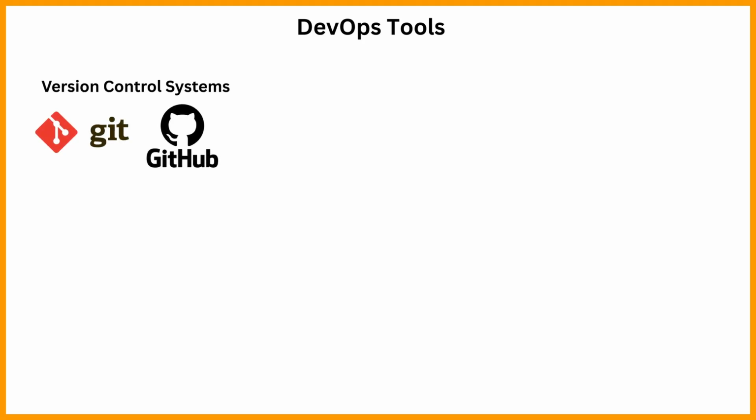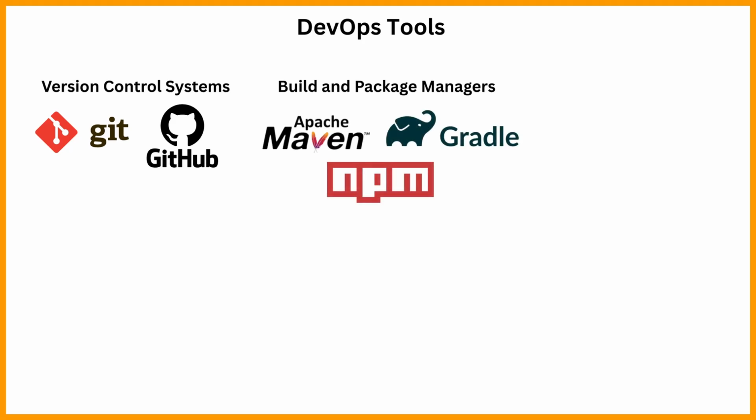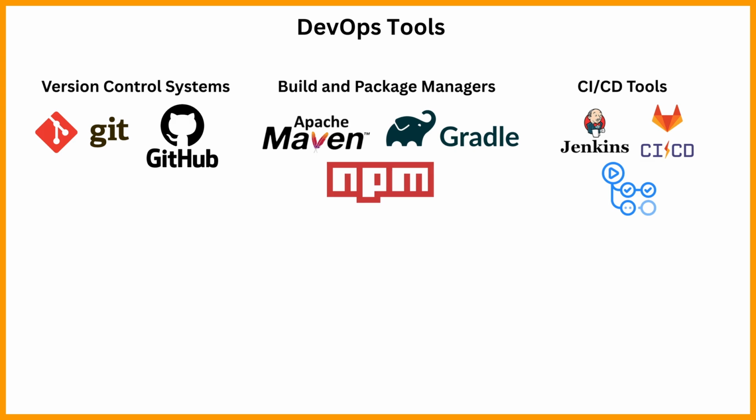Version control systems like Git help teams collaborate and track changes. Build and package managers like Maven, Gradle, or NPM help automation during compilation. CI/CD tools like Jenkins, GitLab CI, or GitHub Actions automate the testing and deployment pipeline.